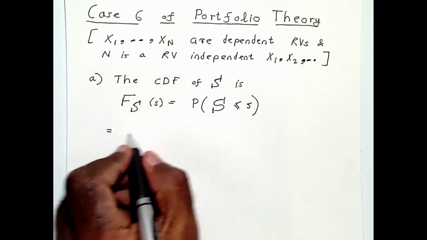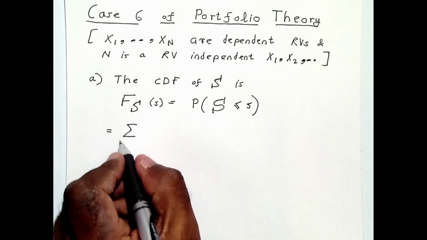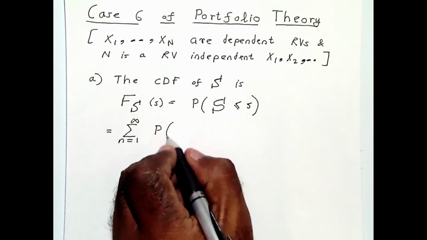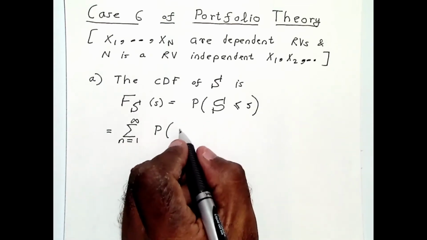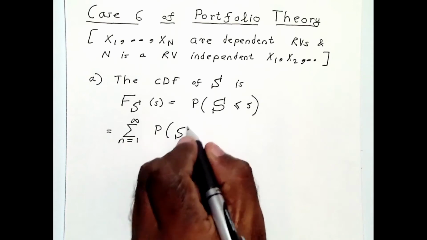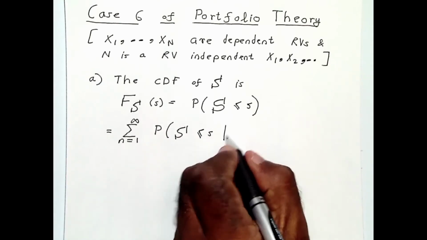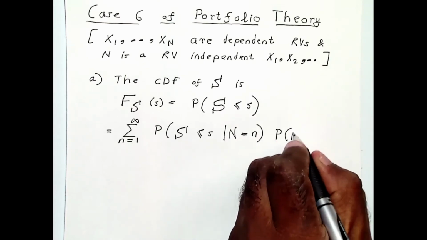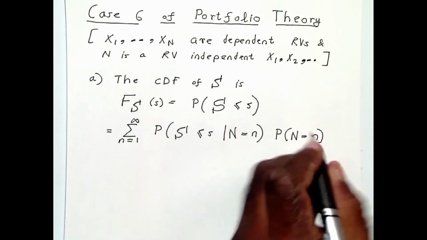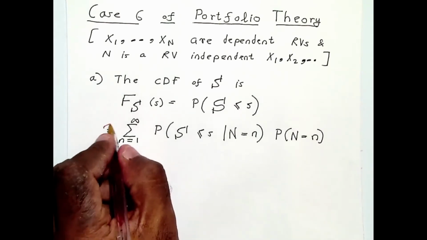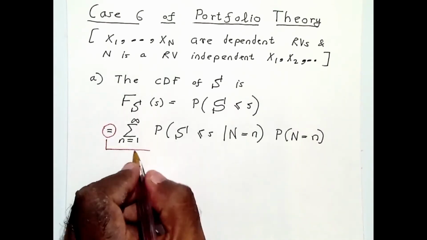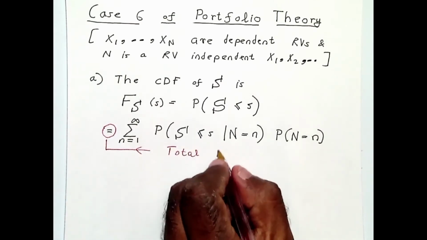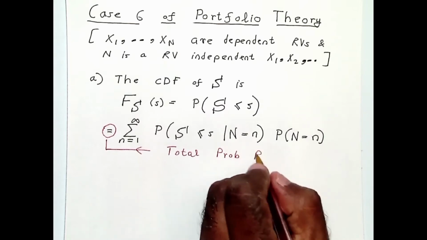Now in the next line, I'm going to use the total probability rule, which I talked about previously. So it's a sum of the conditional probability of S, given n is a fixed number, multiplied by the probability of n. And I think I talked about this in previous videos. This is the total probability rule.